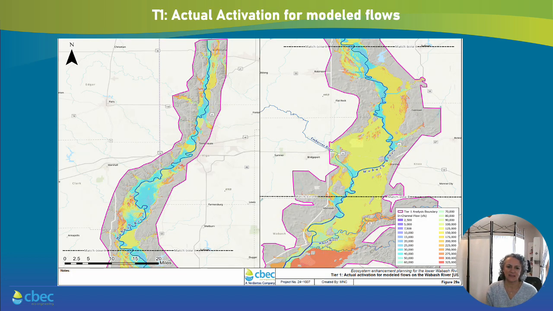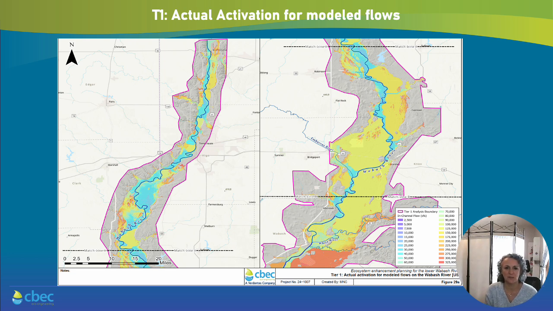Whenever we did the EcoFIP modeling, there are three tiers to that, and this is an example of Tier 1. They compared activation levels for modeled flows to determine the areas that were most likely to receive water on the landscape under current flow regimes. Starting with Tier 1, CBEC started with a digital elevation and hydraulic model.